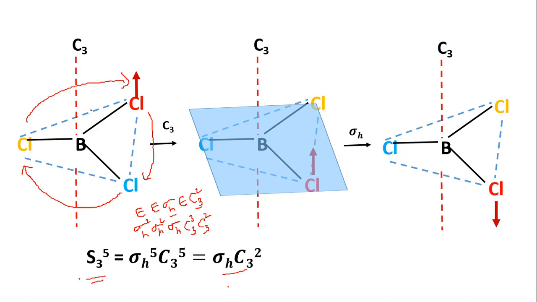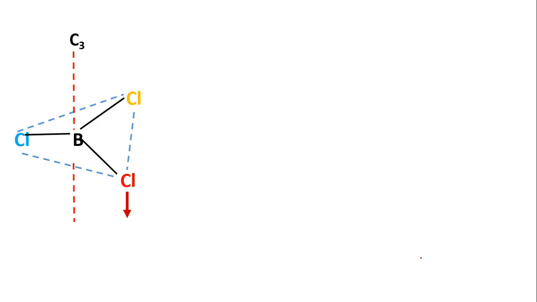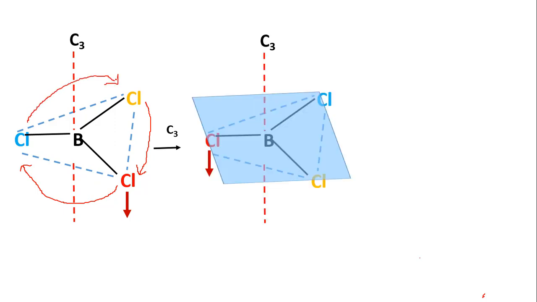Now we'll move on to the next operation. We'll start from what we have in this diagram at the end. That is, this structure will be the first structure in the screen. Now if you perform C3, the yellow will go to the place of the brown, brown will go to the place of blue, and blue will go to the place of yellow, and you will get something like this.